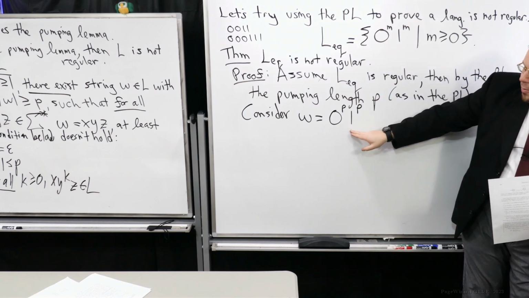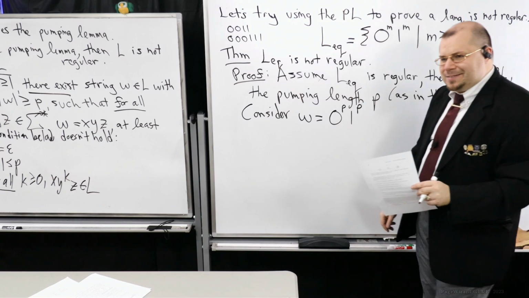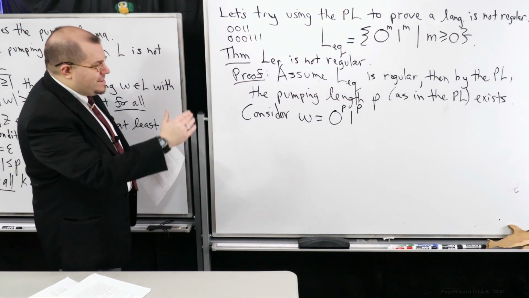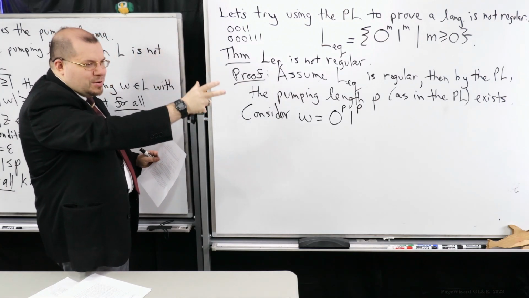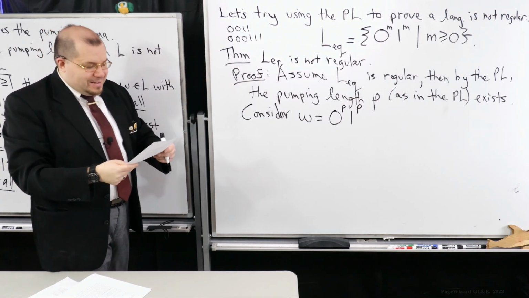0 to the P, 1 to the P. Is this a part of the language? Yeah, it is. Because notice that it has equal numbers of zeros and ones. There's just P zeros, then P ones. So that's a part of this language.